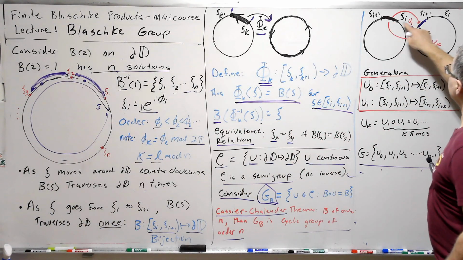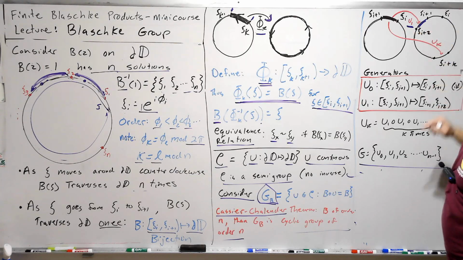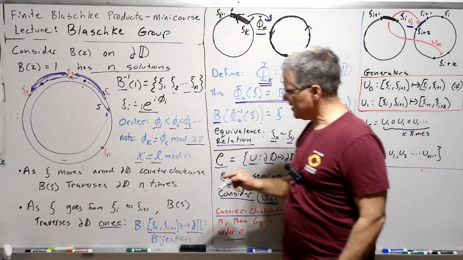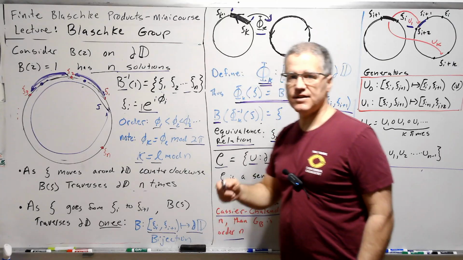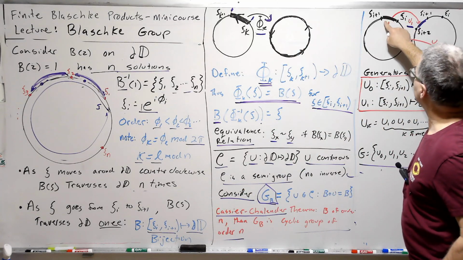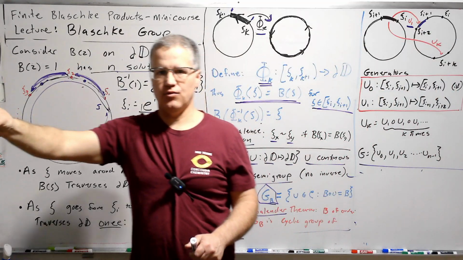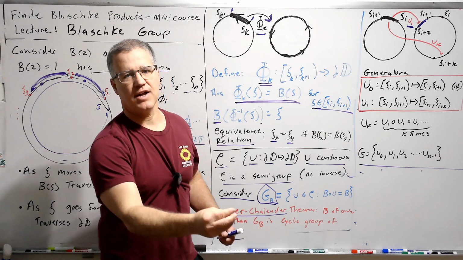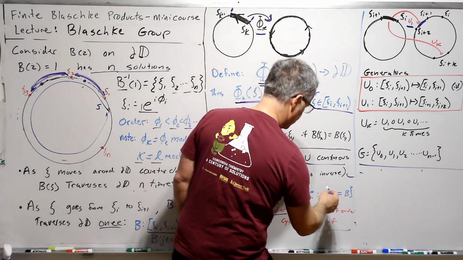So it will map this to this, and then the Blaschke product will take this to the unit disk in the same way. Since we have this idea of an equivalence class, we get the same result. If we take a point in there, push that one set over, and then take the Blaschke product, we get the same as if we just started with that point. And so this is true.